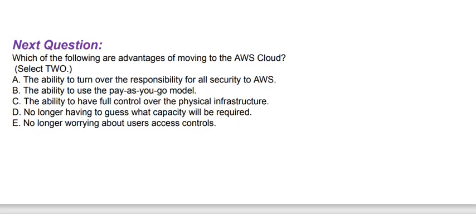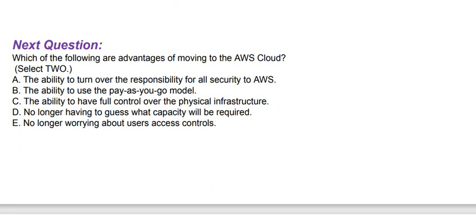Next question is, which of the following are advantages of moving to the AWS cloud? Select two options. Option A, the ability to turn over the responsibility for all security to AWS. Option B, the ability to use the pay-as-you-go model.